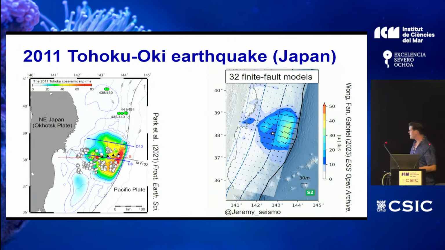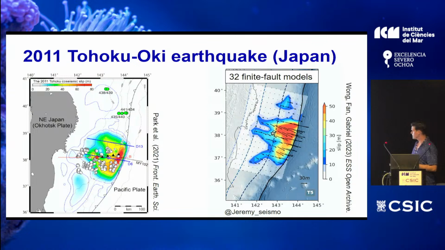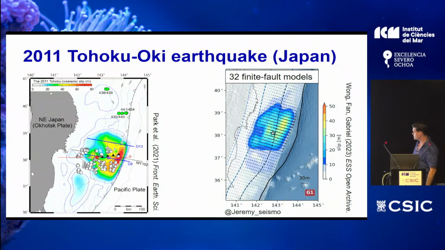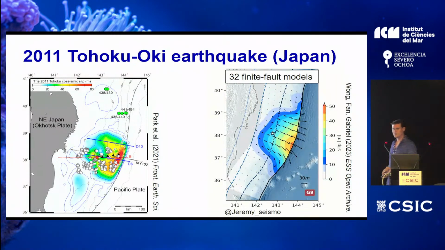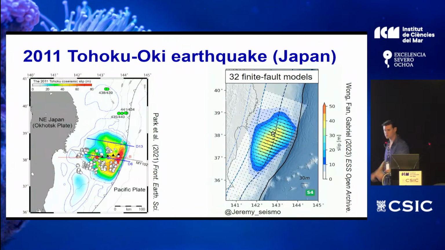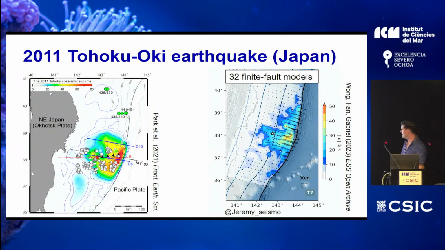So another thing that is still under debate is why. But what I want to show here is that even though they are different, most of them are actually showing that it released a lot of energy near the trench. But until now, we don't really know how this earthquake could actually reach that portion of the fault. What are the factors controlling this shallow propagation?